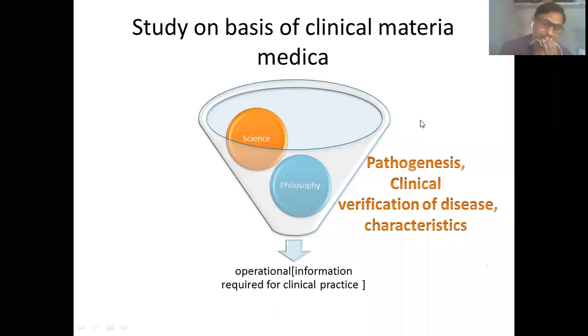So many medicines have produced this symptom of heat all over the body in the drug group. But really, out of these medicines, which medicine has a similar pathogenesis to these different kinds of pathology? All such knowledge is given in this clinical materia medica.